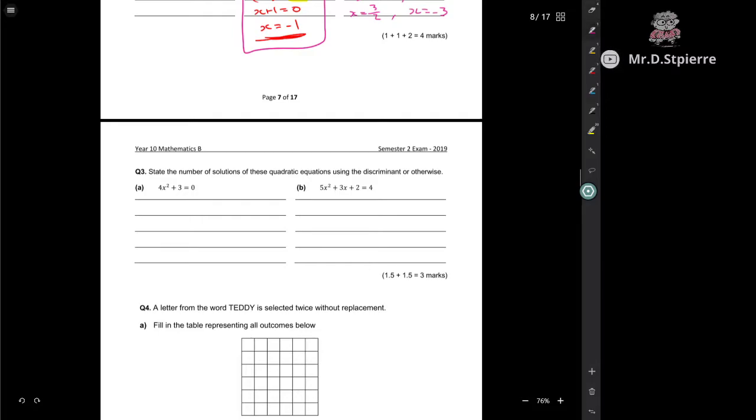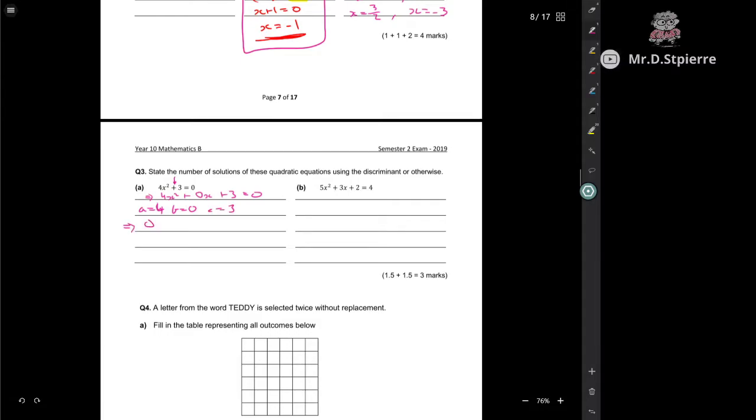It also helps to write these in the form of a regular quadratic with three terms, so we could say that this is the same as 4x squared plus 0x plus 3 is equal to 0, because we're missing that middle term.